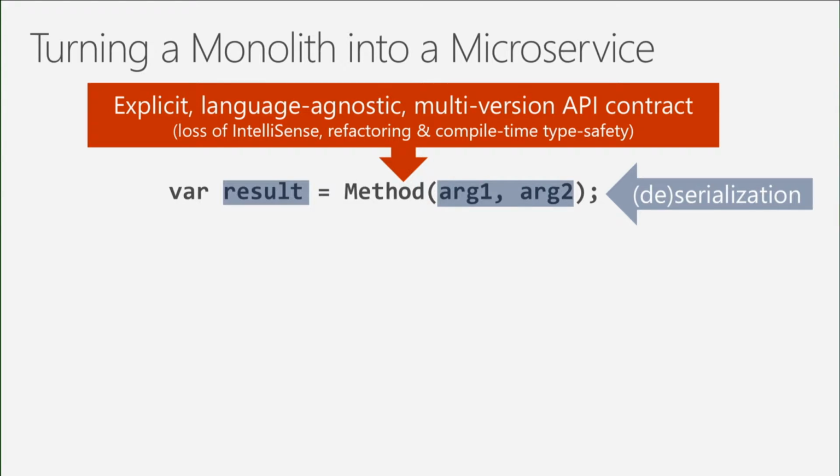They're pretty high. In addition, when I call this method, I'm passing in arg1 and arg2, whatever they happen to be. But in order to send them across the wire, I'm going to have to serialize them. So that's going to be a performance cost. It's going to be a memory cost. And of course, the data types that I'm using have to be serializable. Then I need to send them to the other side, and then the other side is going to go and deserialize them, which will be a time cost and a memory cost. And they have to be able to deserialize it, right?